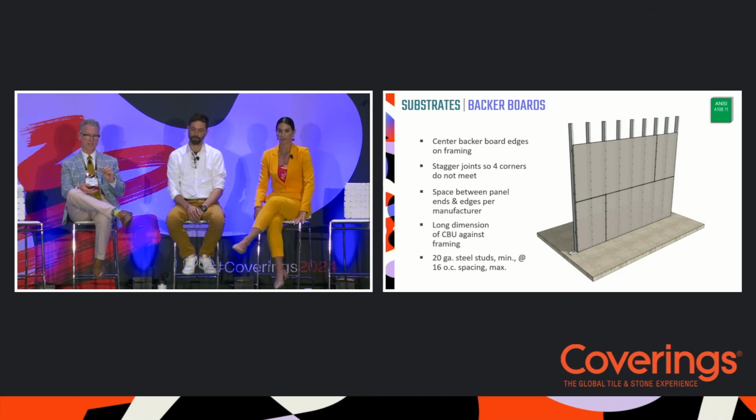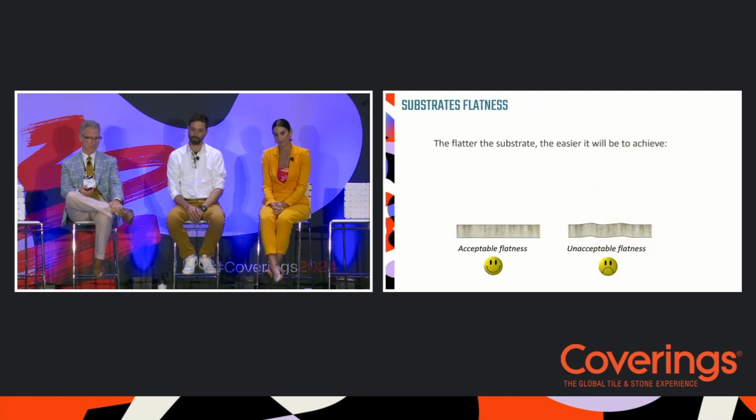Right? So we're looking for a thick gauge stud. We have to space those studs no farther apart, according to ANSI, than 16 inches on center. Okay, and then the backer boards would be applied in a horizontal orientation, staggered with a small gap between the boards. So these are some baseline rules on backer boards for tile.